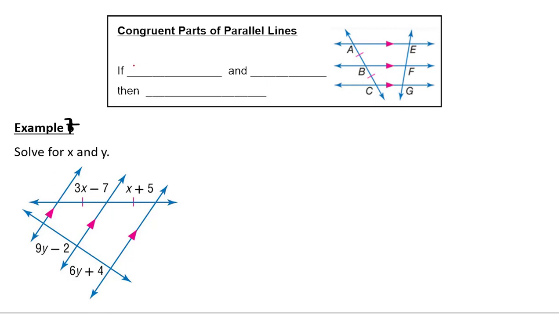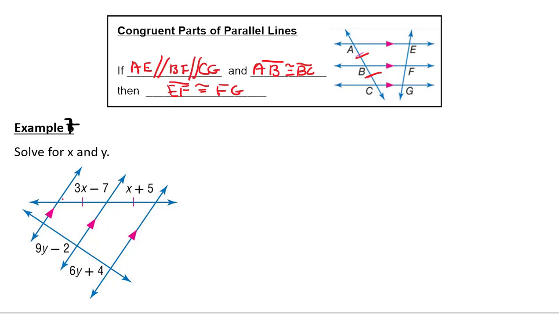So if AE is parallel to BF, which is parallel to CG, and AB is congruent to BC, so if I have parallel lines and congruent parts, whenever you have another transversal that hits those parallel lines, those segments, so EF is going to be congruent to FG.